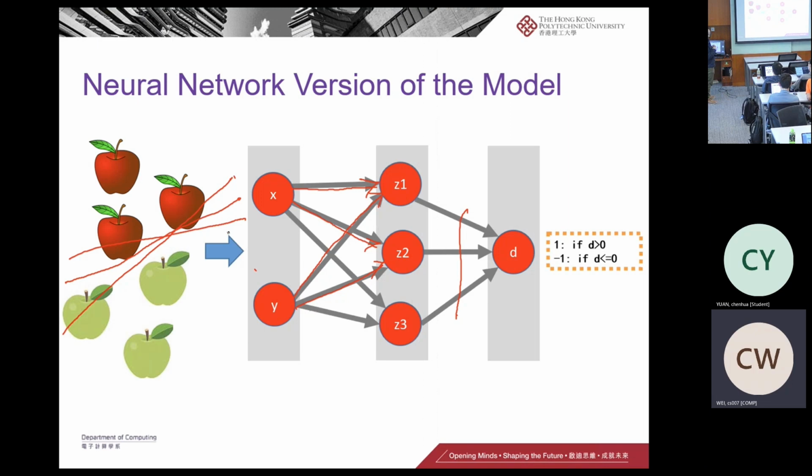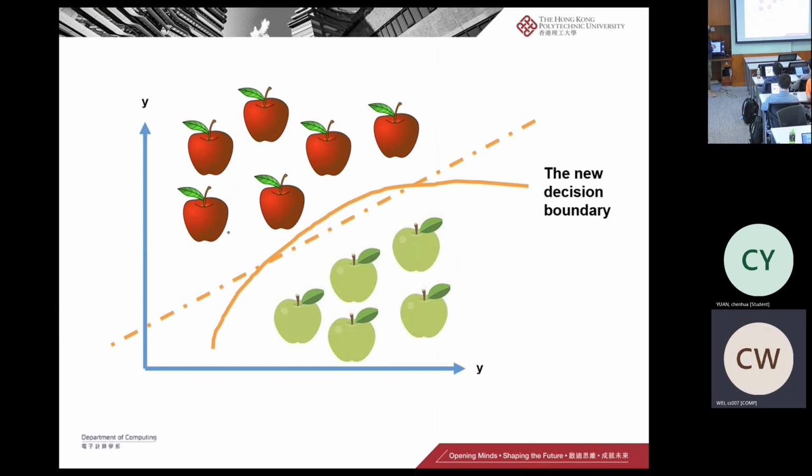So anyway, every time you have done the extension, you're going to have a more complex function. So here you probably will end up something like a curve rather than a straight line, right?